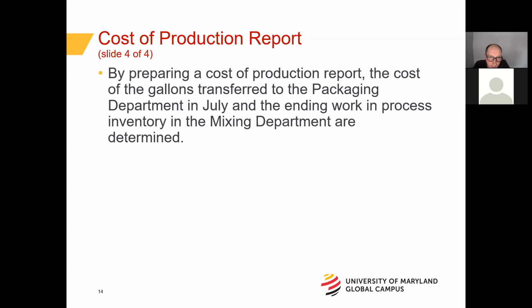And that information helps management to then, of course, make decisions on cost for that respective department. And it helps us to understand the true cost of the partially completed unit as it moves from one department to another.